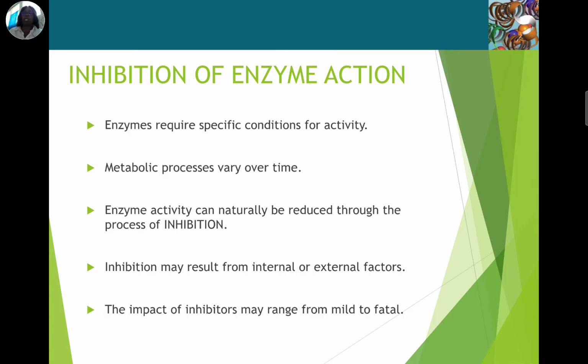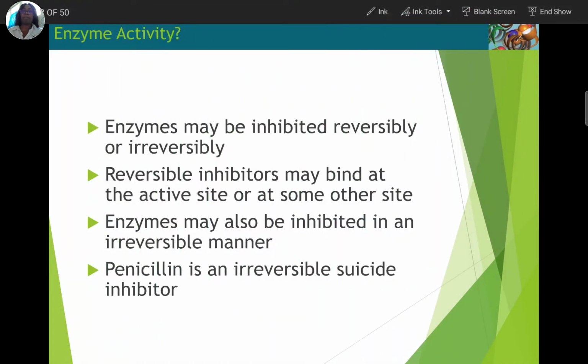Now, in terms of inhibition, depending on how it's initiated, it may be negative, positive, or very mild. And in the most negative way, it can even be fatal. This inhibition can be reversible, which means that we change the conditions to something that's more favorable and the enzyme acts, or it can be irreversible.